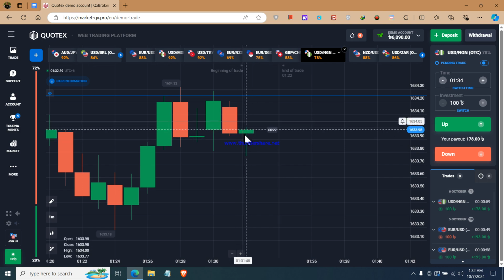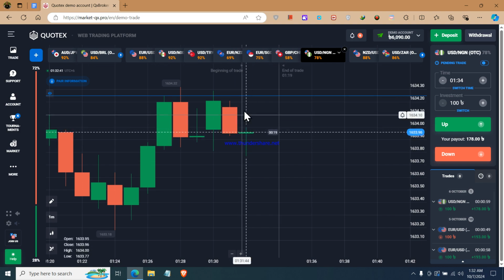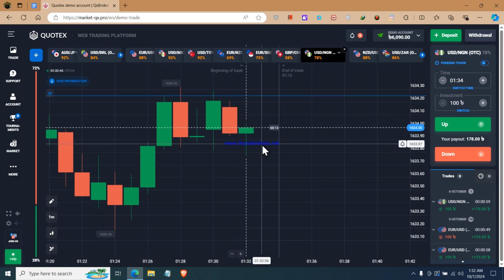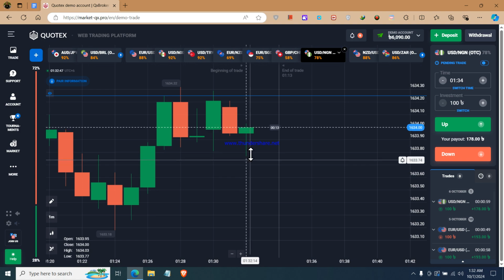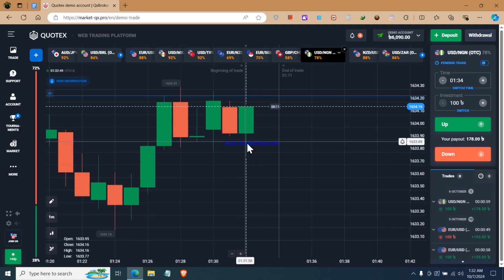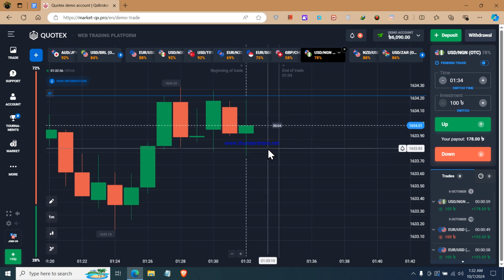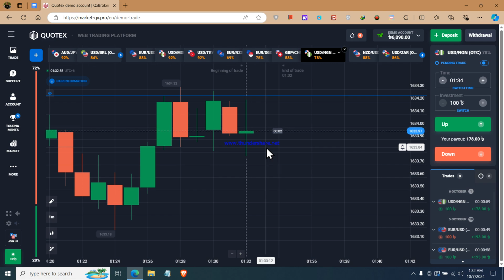If this candle would go above before 30 seconds, then I would surely place my trade for down option. But right now it will be unsure, and it will be a risk, and you shouldn't take risk on OTC market.